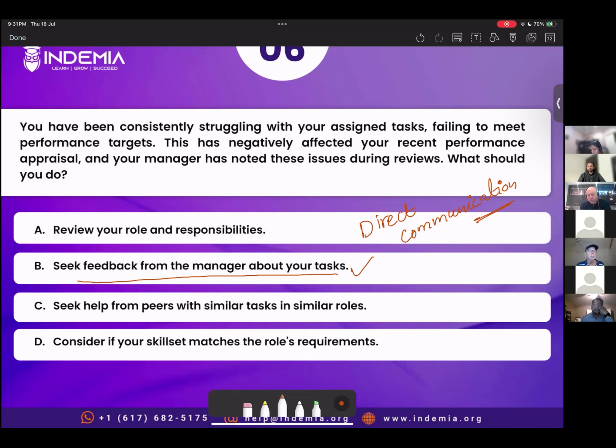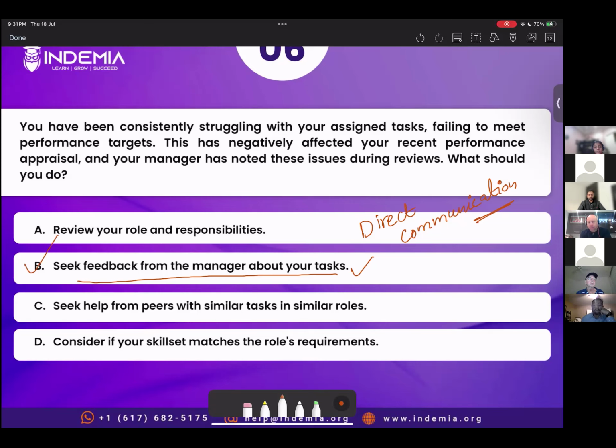So B is better than C. Option D, consider if your skill set matches the roles requirements. This could be one of the problems. If that is the problem, if you talk to your manager, they would definitely highlight it if this is one of the issues. So the correct answer is option B. All other options are incorrect.